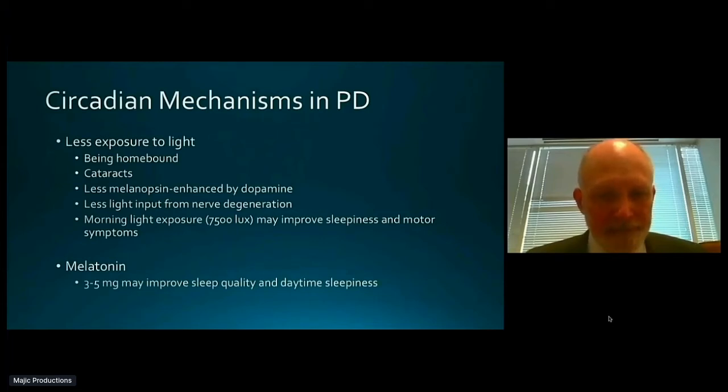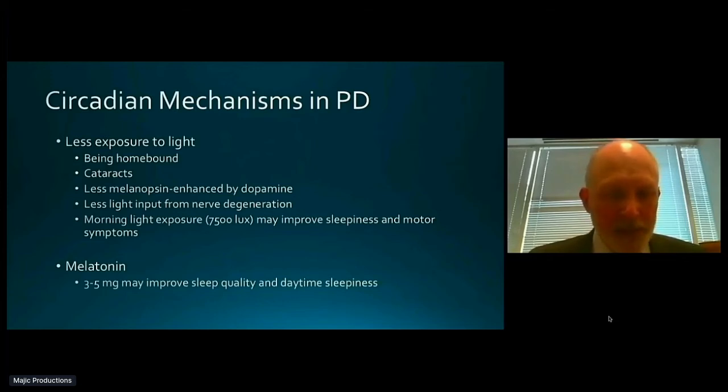And the good news is that if you do get morning light exposure, like get outside, you can improve symptoms of sleepiness and sometimes your motor symptoms. So that's a to-do if you have this disorder. And the converse is true, that sometimes melatonin, if you supplement it, can improve your sleep quality and daytime sleepiness. I mean, it's not a magic pill, but it's a compensation for what the brain can't do anymore.